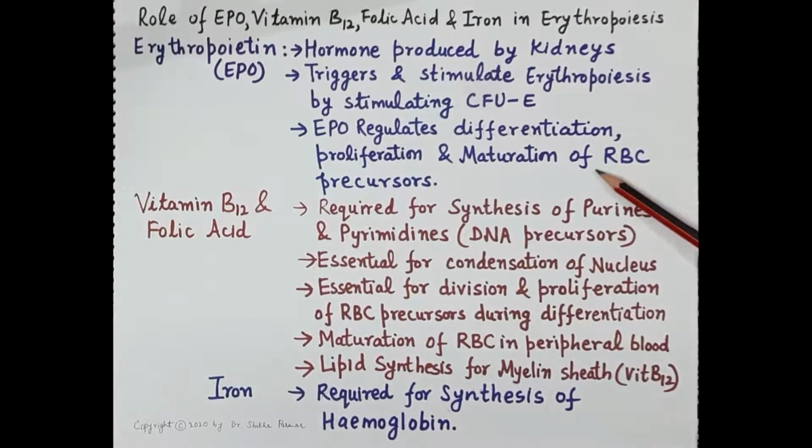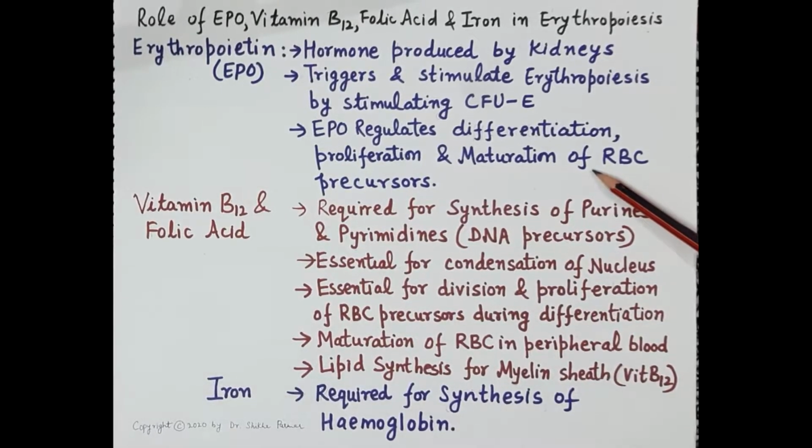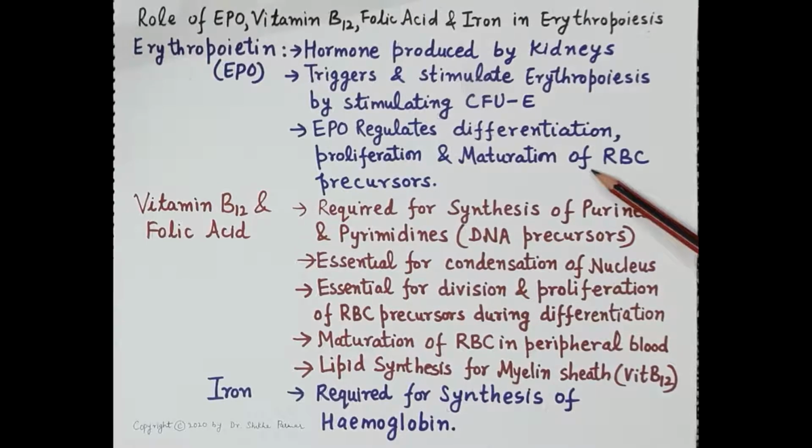Erythropoietin regulates differentiation, proliferation and maturation of RBC precursors. That means erythropoietin is a hormone that triggers the process of erythropoiesis. It is responsible for the RBC precursors to utilize vitamin B12, folic acid and iron for the development of proerythroblasts to mature erythrocytes or RBCs.